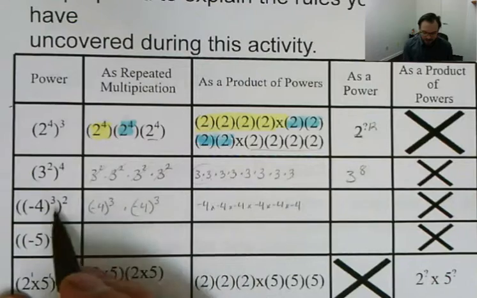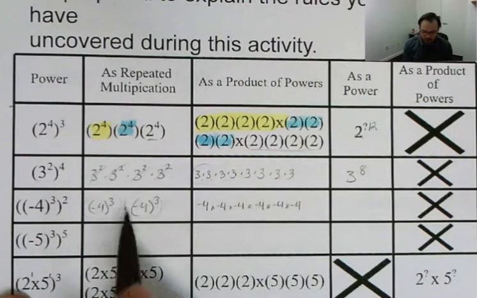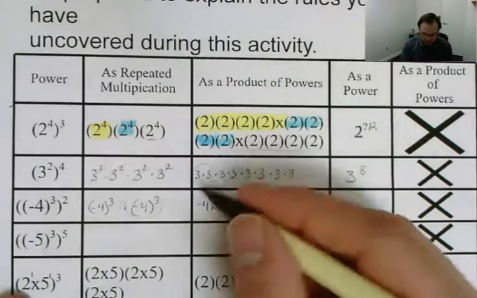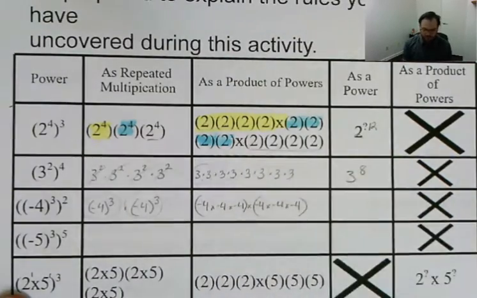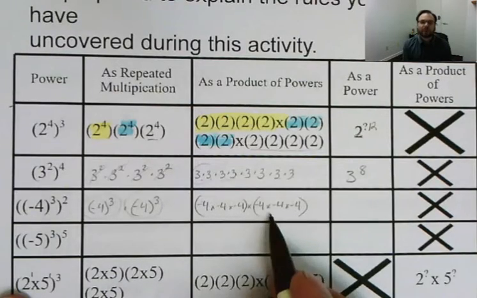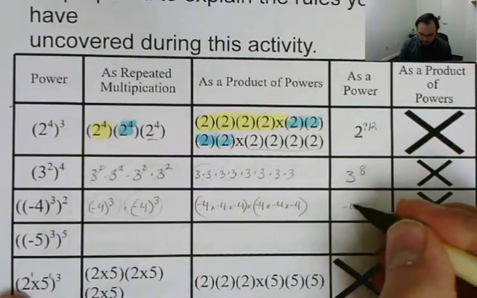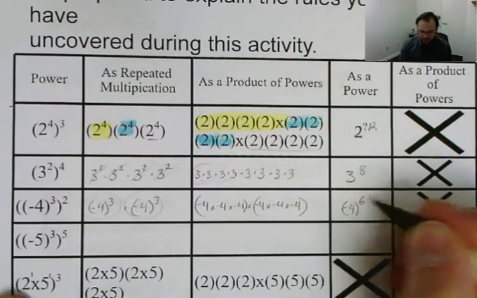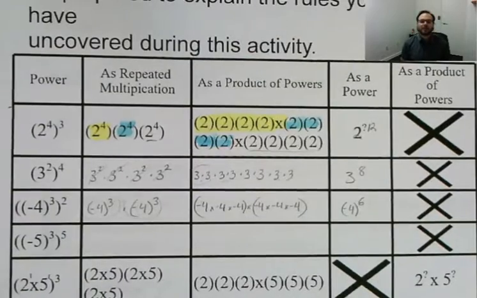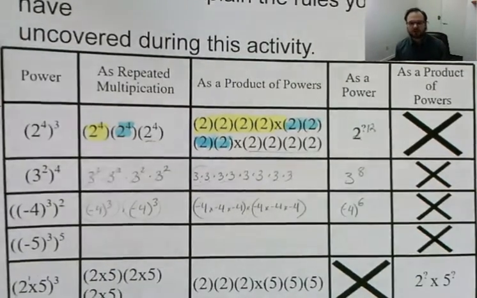Once again, we had 2 groups of 3 negative 4's. So we had one here, and we had one there. So 2 groups of 3 negative 4's all being multiplied together will give me negative 4, because both the negative and the 4 is to the power of 6. We have 6 of them now being multiplied together. Okay? So we're going to figure out what that rule is soon.